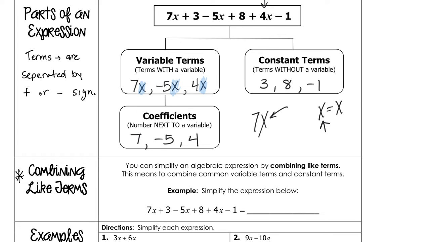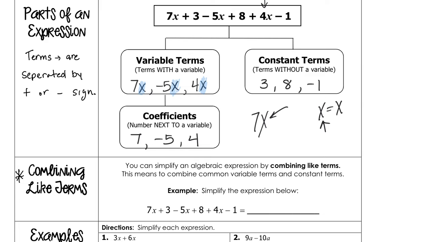Because those are all the same thing, I can compute how many of those x's I have: 7 in the first group, then I take away 5, and then I get an additional 4. So 7 take away 5, with an additional 4. Again, I'm doing the math with the coefficient.